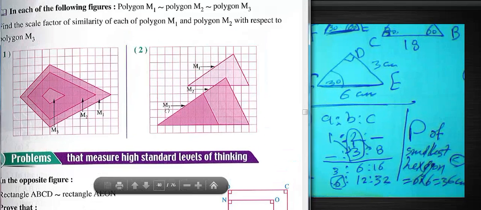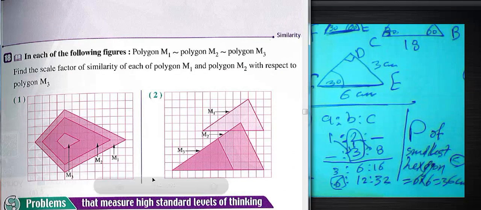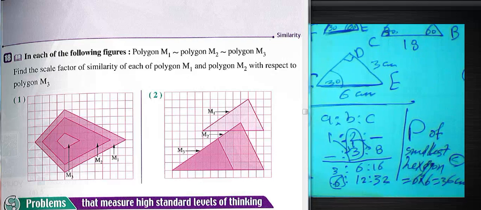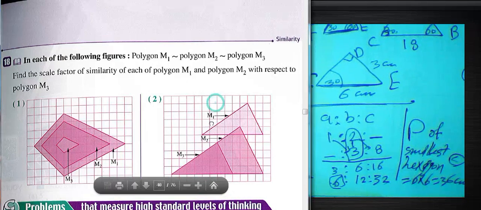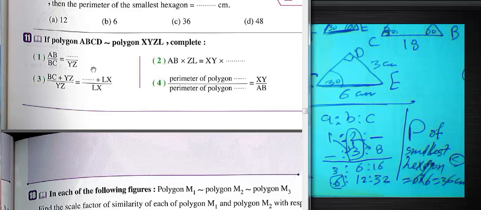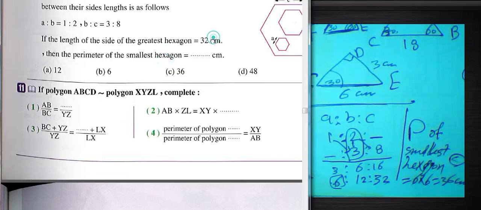If any examples were difficult for you, you must listen to this again. Solve question number 11, it's easy for you. You must solve it by drawing 2 polygons and completing these properties.